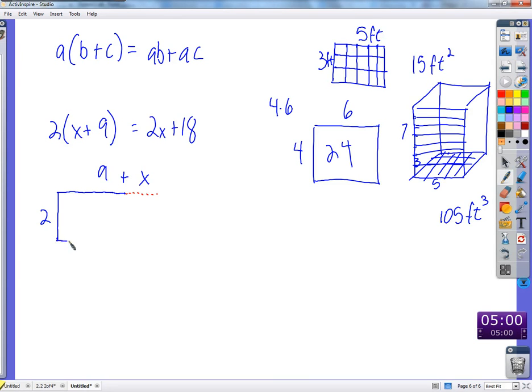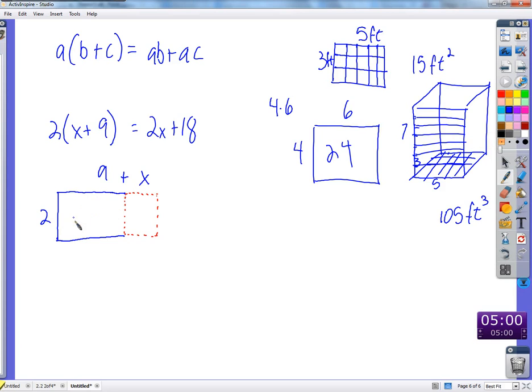Alright, so we will finish off the rest of the sides of this rectangle. So we know if we multiply 2 times 9 plus x, we'll get the area of this rectangle. Well, let's cut this down right there. Let's look at this as 2 different rectangles.